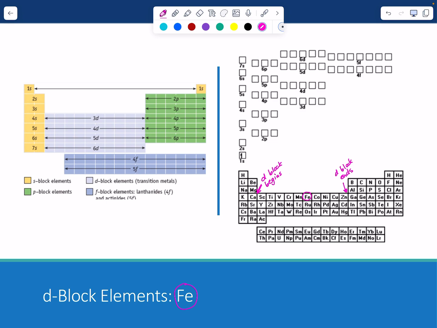Does anybody remember how many d shapes there are? You've got 1 for s, 3 for p. Yeah, 5. Excellent. We like our little prime numbers there. So there are 5 of those. So d orbitals can hold up to 10 electrons at any given n level.